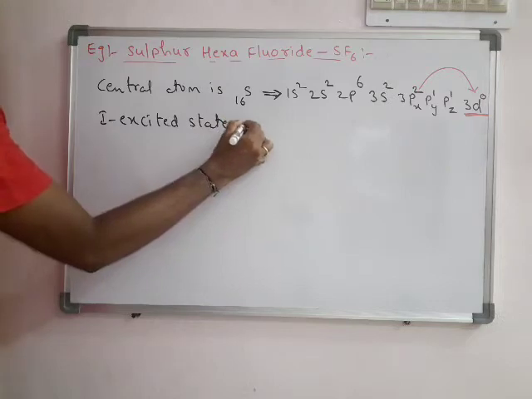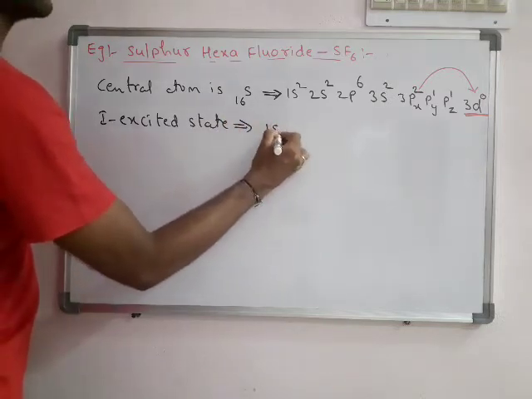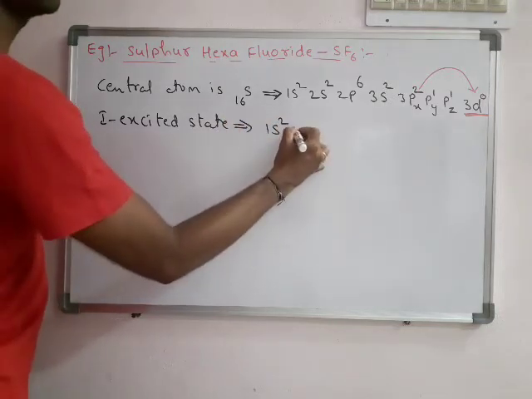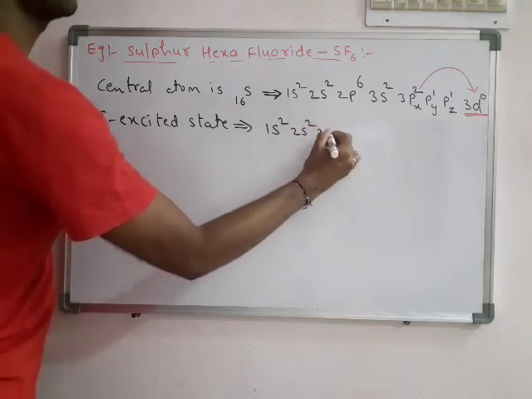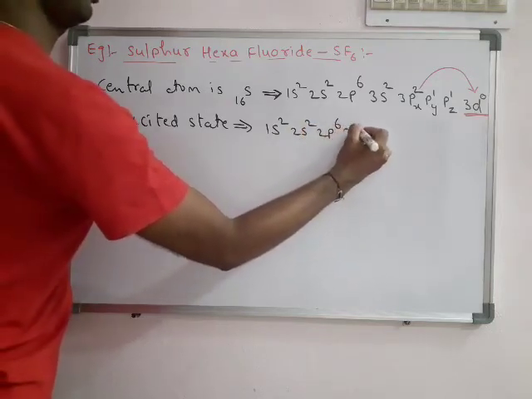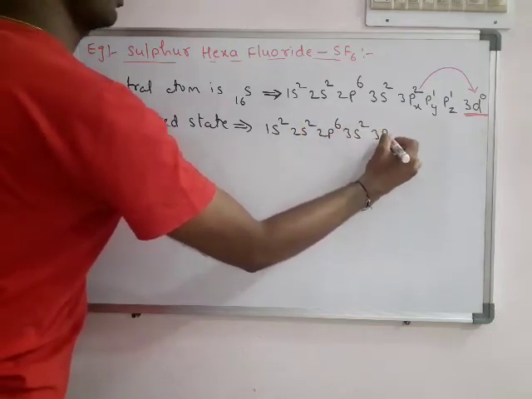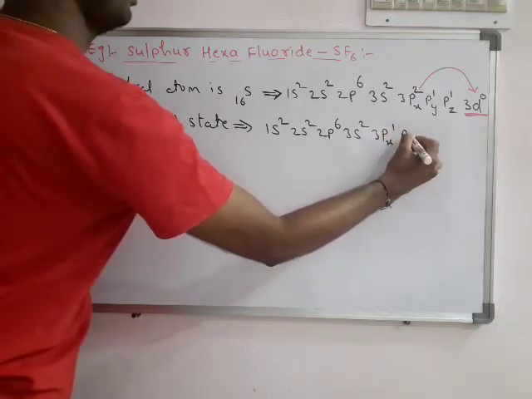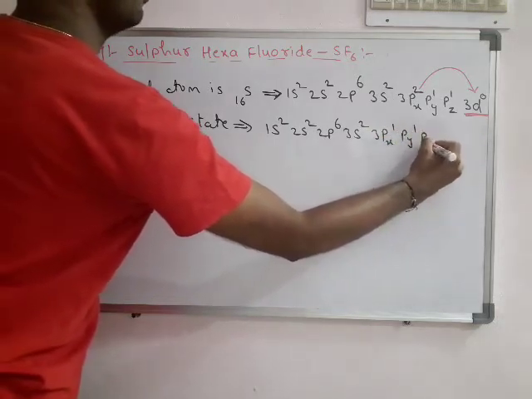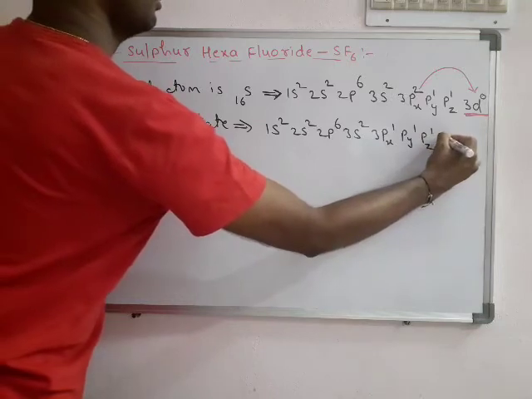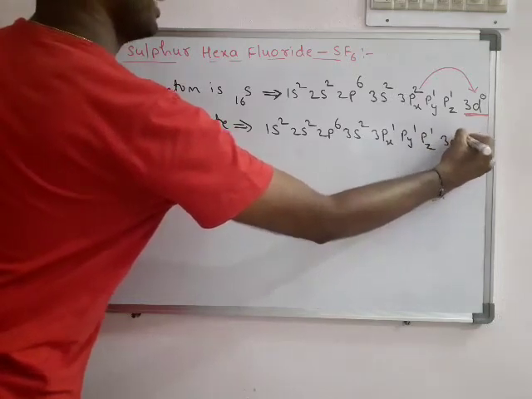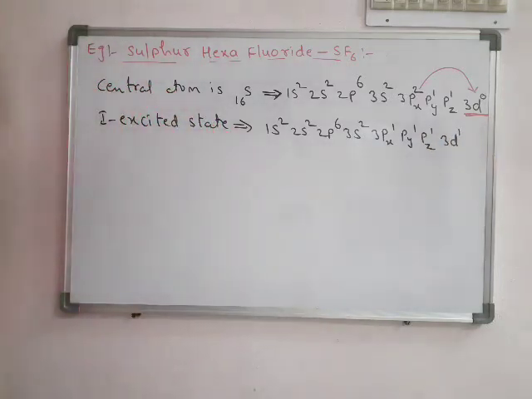In the first excited state it becomes px1, py1, pz1, 3d1. Now how many unpaired electrons are there?